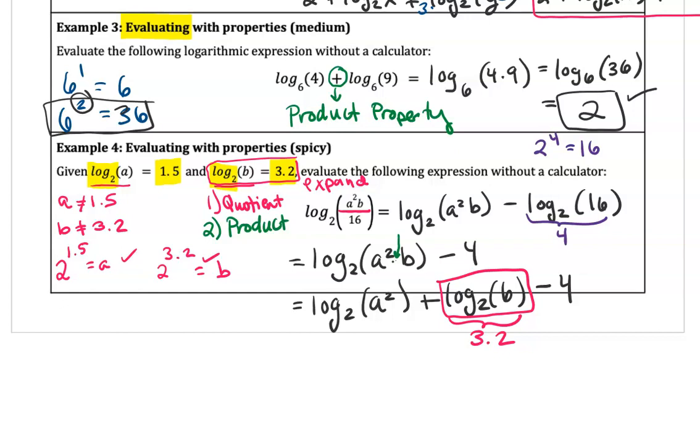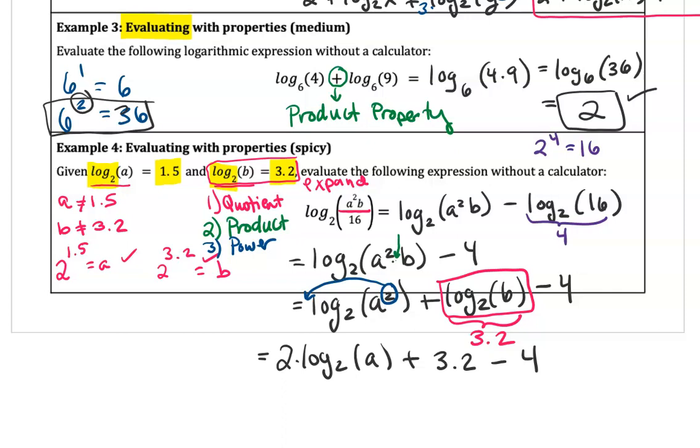Okay, I'm also noticing that I can use the power property here to make that a coefficient of the log of a. So now I have 2 times the log base 2 of a plus the log base 2 of b, which is equal to 3.2, and then minus 4.